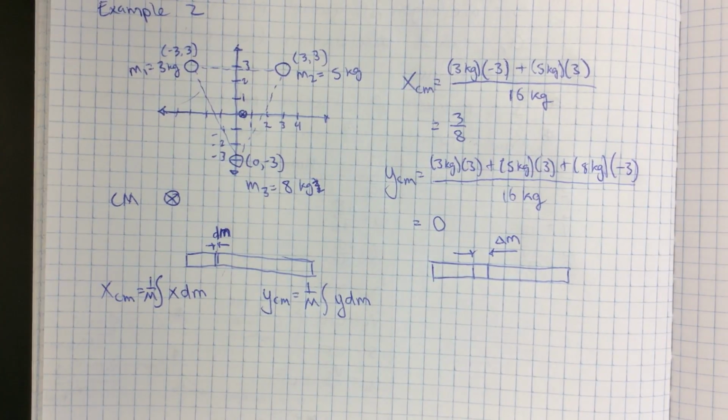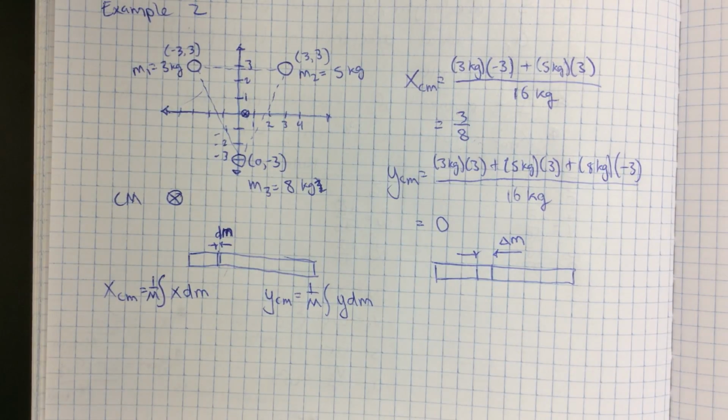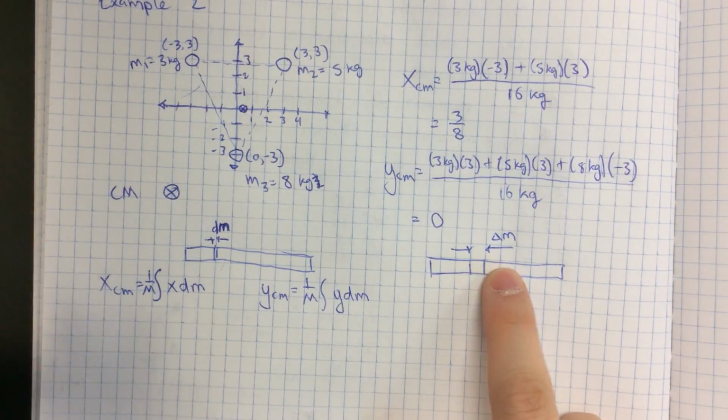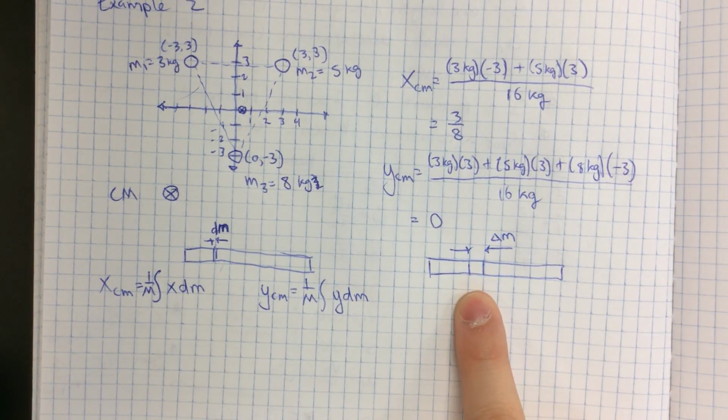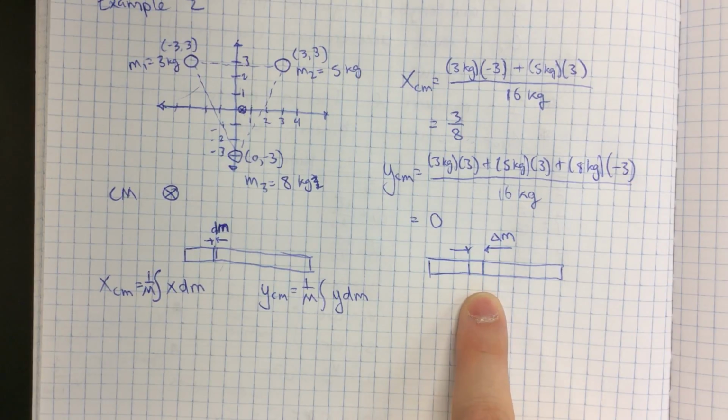Deltas always end up becoming the differential amounts, because you just take a delta amount and squish it down until it's really small. The difference is just taking the limit as it goes to 0. So if you have some chunk of mass, not infinitesimally small, how thick is that going to be? It depends on the density of your object.